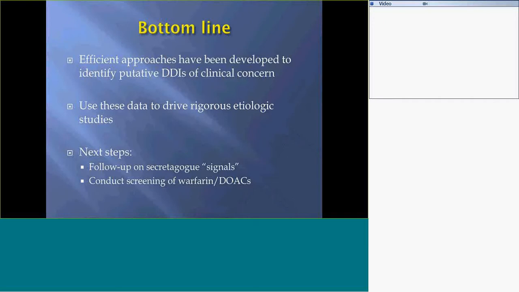So we have additional steps that we're conducting to follow up on some of these secretagogue signals. We're also conducting screening of potential precipitants to be concerned of with warfarin use and direct-acting oral anticoagulant use that, if you keep your eye out, will be forthcoming in the next year or two.